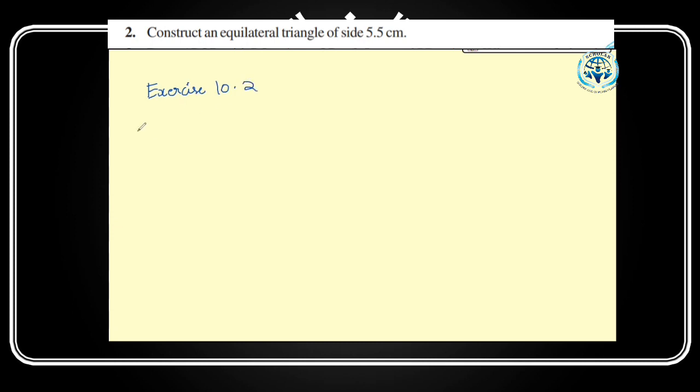Second question is to construct an equilateral triangle of side 5.5 centimeter.